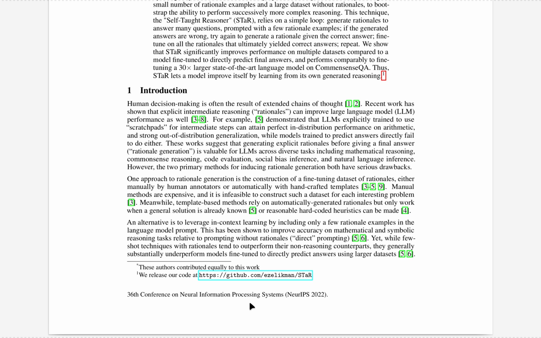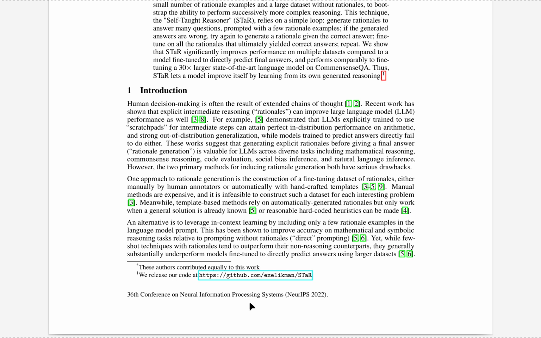One approach to rationale generation is the construction of a fine-tuning dataset of rationales, either manually by human annotators or automatically with handcrafted templates. Manual methods are expensive, and it is infeasible to construct such a dataset for each interesting problem. Meanwhile, template-based methods rely on automatically generated rationales, but only work when a general solution is already known or reasonable hard-coded heuristics can be made.